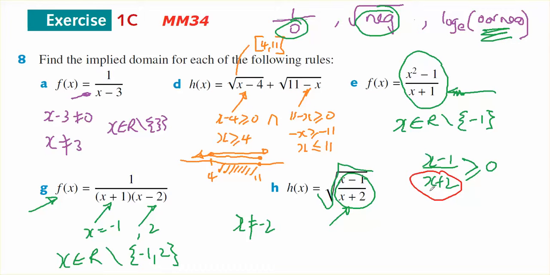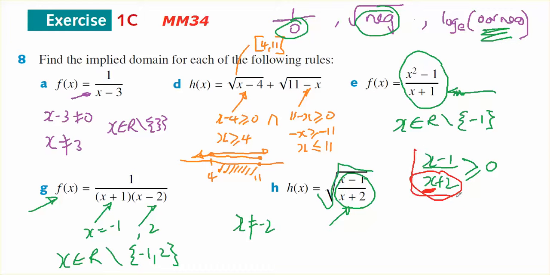This is a problem when you're multiplying and dividing by a variable when you have inequality signs: for values of x like negative 3, negative 4, negative 5, this denominator is negative. But for values of x like 1, 2, 3, this denominator is positive.